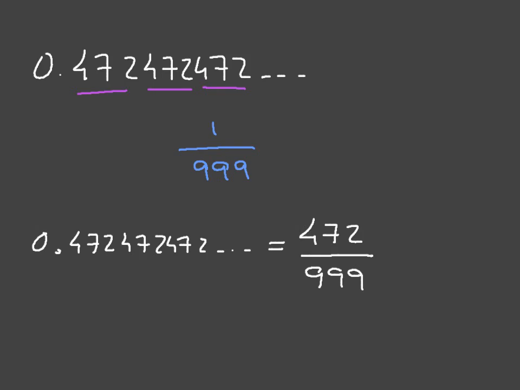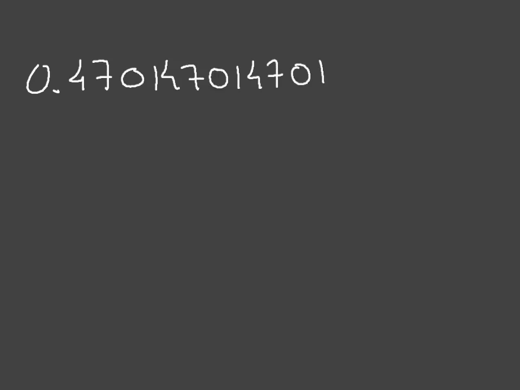All right, now, let's look at one last example. Let's say we were given 0.4701, 4701, etc., etc., and we were asked to write that as a fraction. Well, in this case, again, we can see that there are actually four digits that repeat. That's 4, 7, 0, and 1. And they keep on repeating. But now, since there are four digits this time, we're going to use the fraction with four 9s on the denominator.